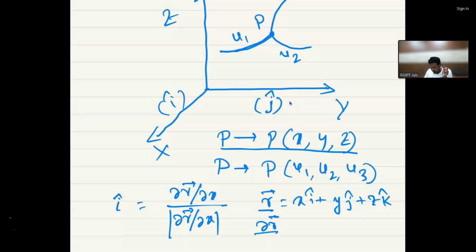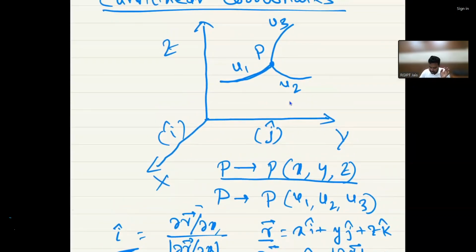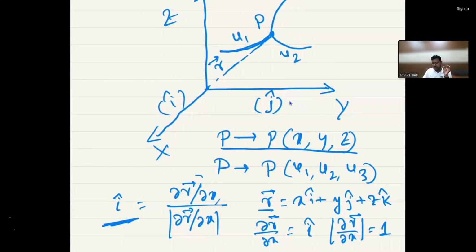Del r by del x is basically i cap. And if you take the mod of del r by del x, that is again 1. So you can define these unit vectors if you take this derivative. What is del r by del x? That is basically tangent to the curve r. This is the position vector for this point P, so del r by del x is tangent to the curve, as we learned in the first class.